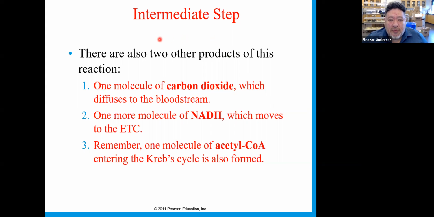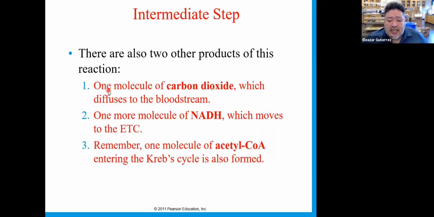Which means that it's going to move from the cytosol of the cell. The intermediate step takes place as this thing moves across not one, but two mitochondrial membranes to carry out the Krebs cycle in the mitochondrial matrix. So there's a change in geography, and this is important, okay?